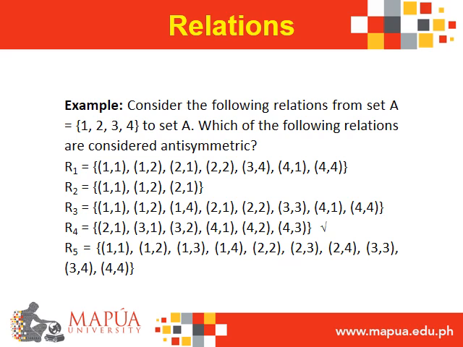And at the same time, you have 1, 2, but you don't have 2, 1. You have 1, 3, but you don't have 3, 1, and so on and so forth. And R6 also is considered to be antisymmetric since it only contains the ordered pair 3, 4.